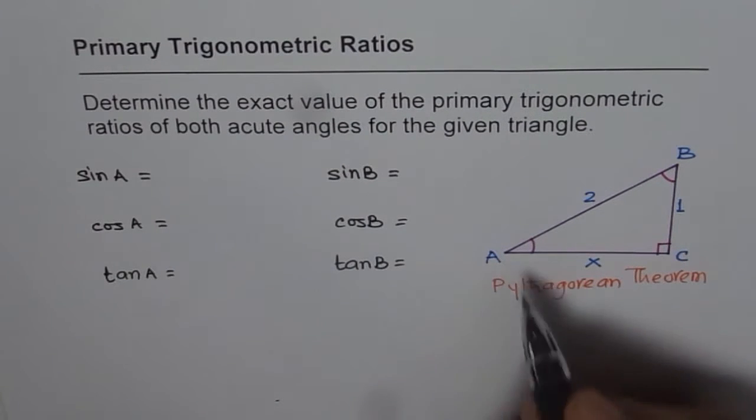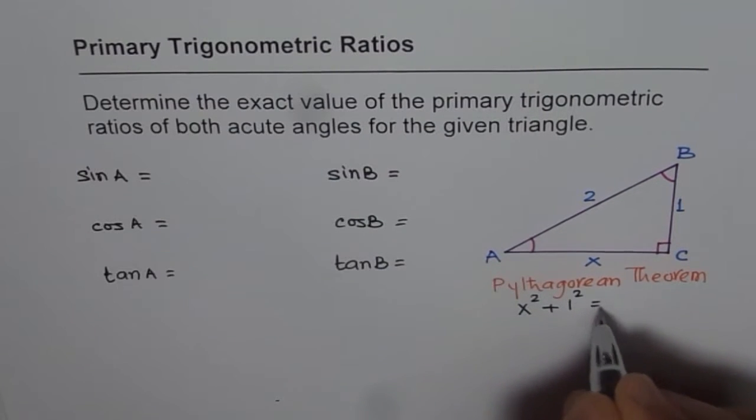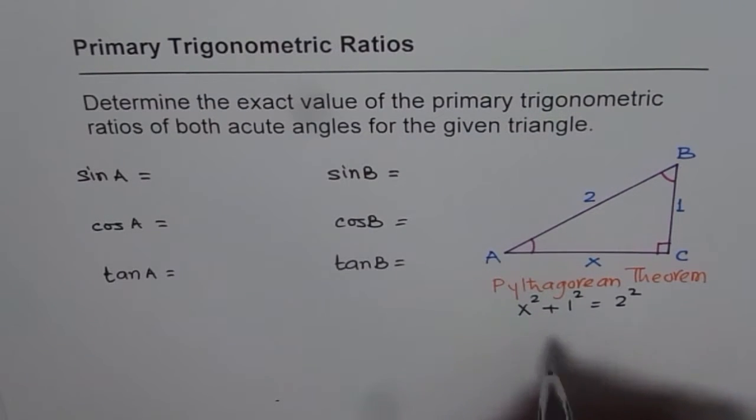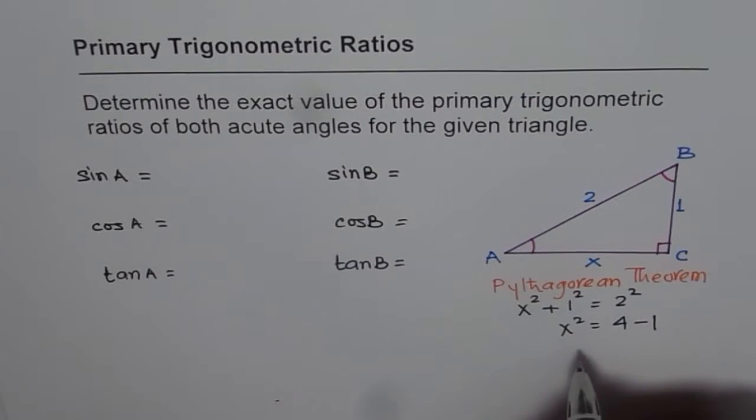Which says that x square plus 1 square is equal to 2 square. That is to say that x square equals 2 square is 4, 1 square is 1. Take away 1 and that gives us a value of 3. X square is 3, that means x is equal to square root of 3.